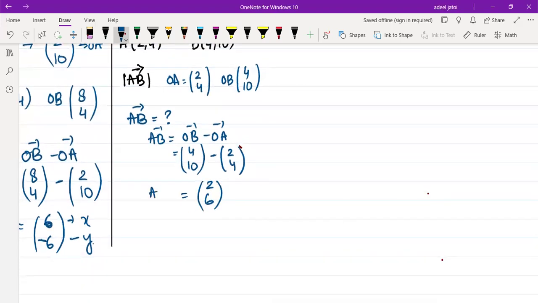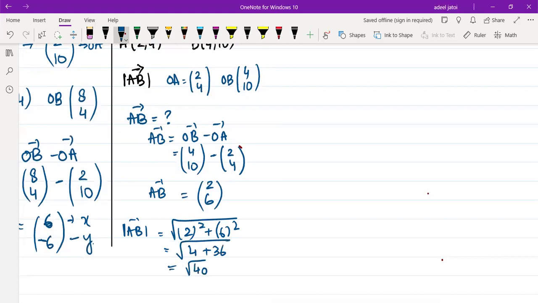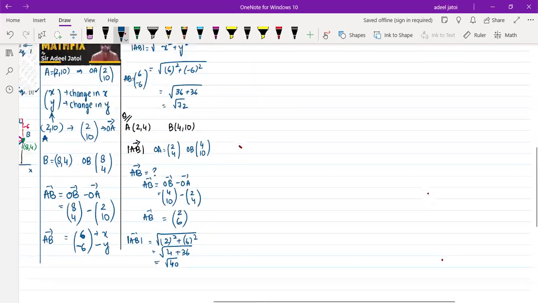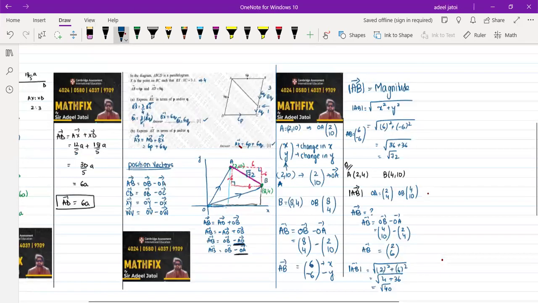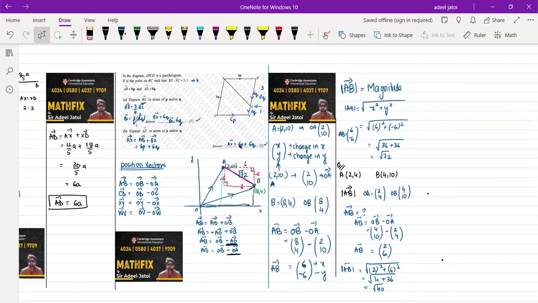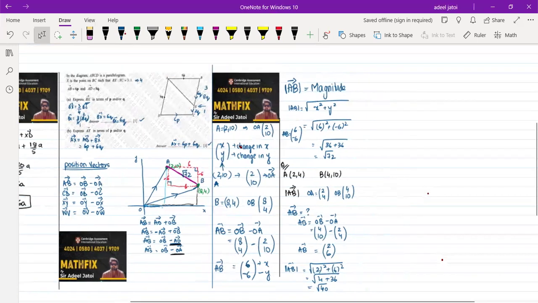So now you know that AB is 2 and 6. So the magnitude of AB will be under root 2 square plus 6 square, which is 4 plus 36, under root 40. So under root 40 will be the magnitude of AB. So generally the question with the position vector comes through the magnitude and the normal vector, where we'll be using under root x square plus y square.